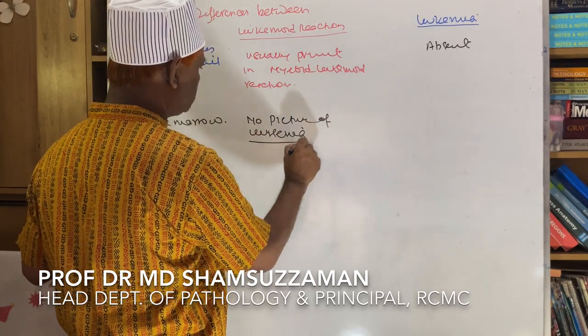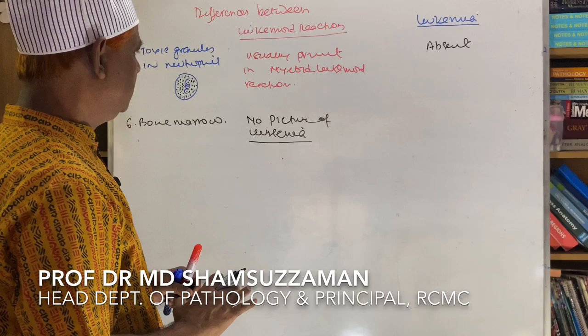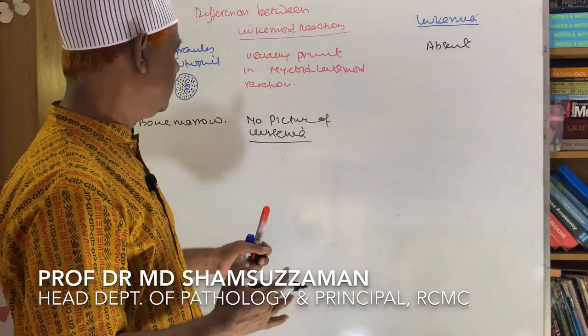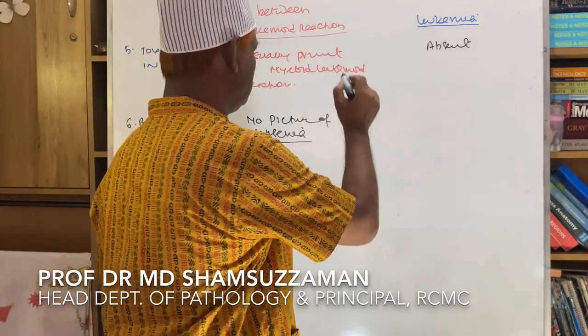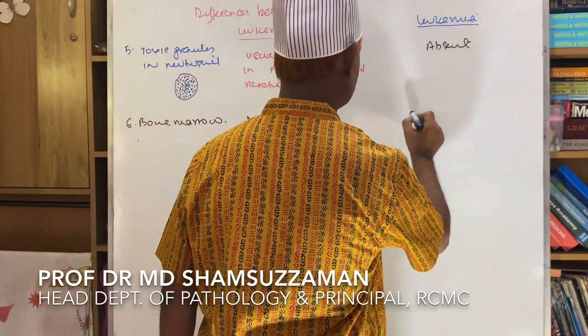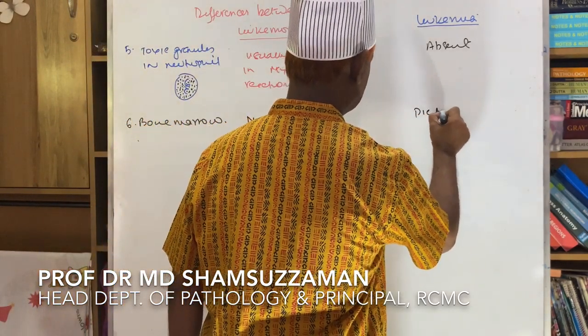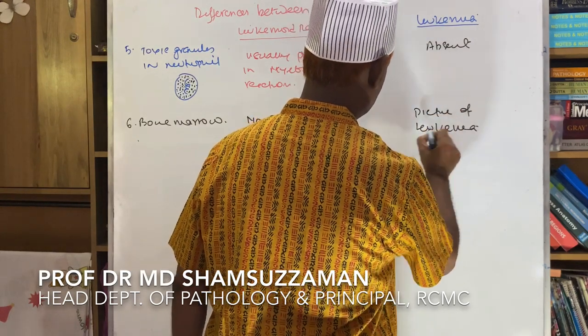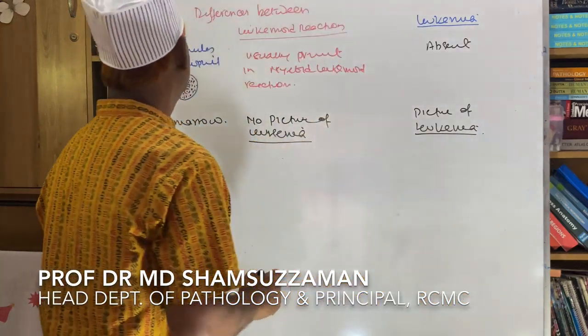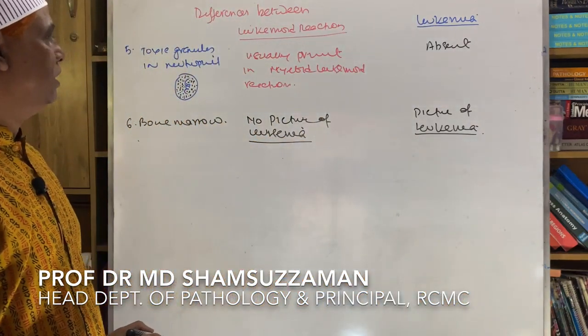So, although there are immature cells in peripheral blood, although clinically it resembles leukemia, bone marrow does not show any picture of leukemia. But in case of leukemia, there is a full picture of leukemia. So, these are the differences between leukemoid reaction and leukemia.